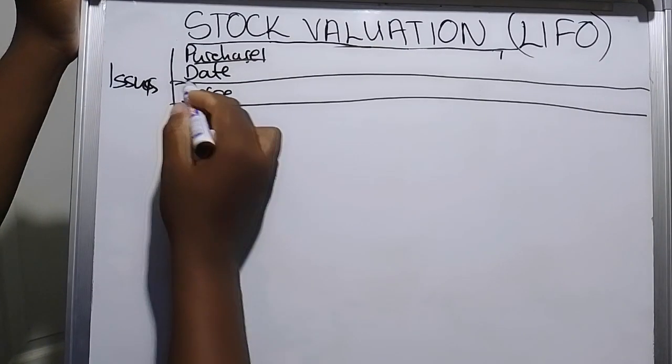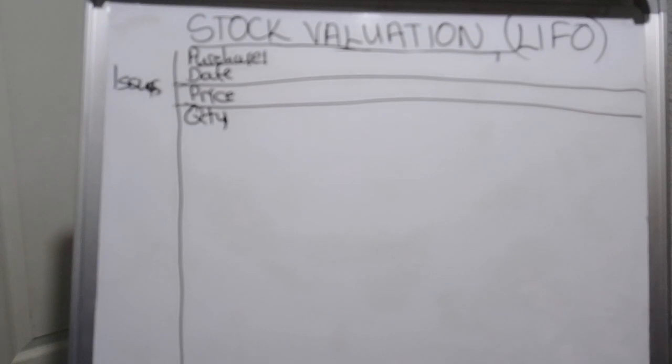Then we again start with purchases. We look at our question. Our question says, on the 1st of March, the organization bought 11 items, each item costing $10.